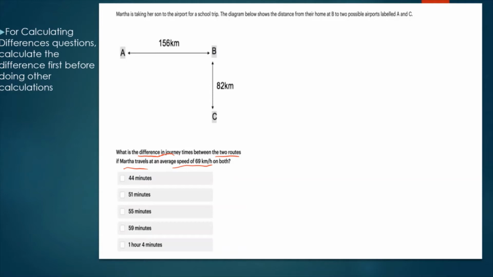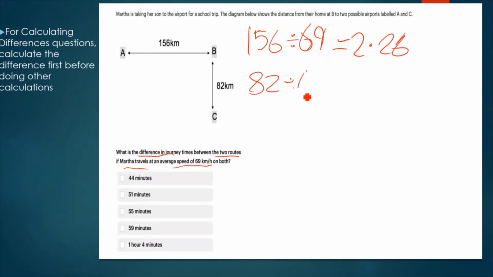Well, what a lot of people would do is 156 divided by 69, to find the journey time for this, which will be 2.26, and then they would do 82 divided by 69, which gives 1.188.